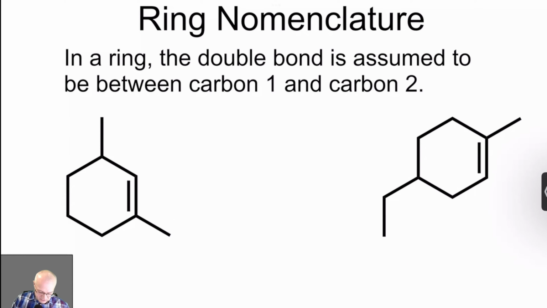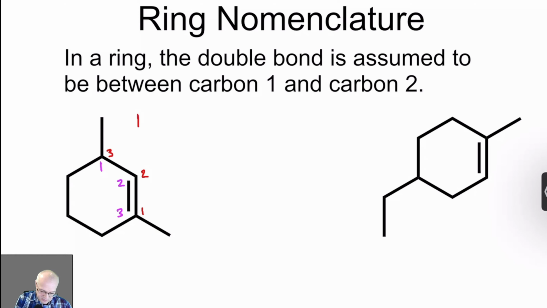A couple more examples. So here we have another ring system. I could name it like this, 1, 2, 3, or I could go 1, 2, 3. There's a few other ways you could number it, but the only way that's correct so far or ever is the red numbers, because the red numbers give this substituent and this substituent the lowest numbers.